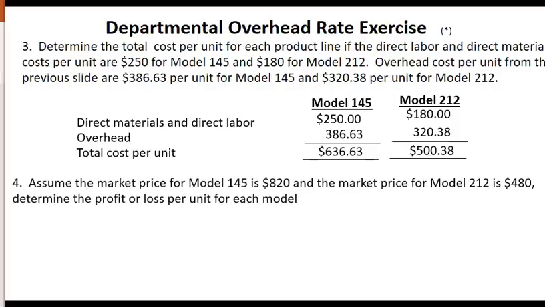Now again, I'm assuming that the market price for model 145 is $820 and model 212 is $480, just like I did in my previous example using the same data.